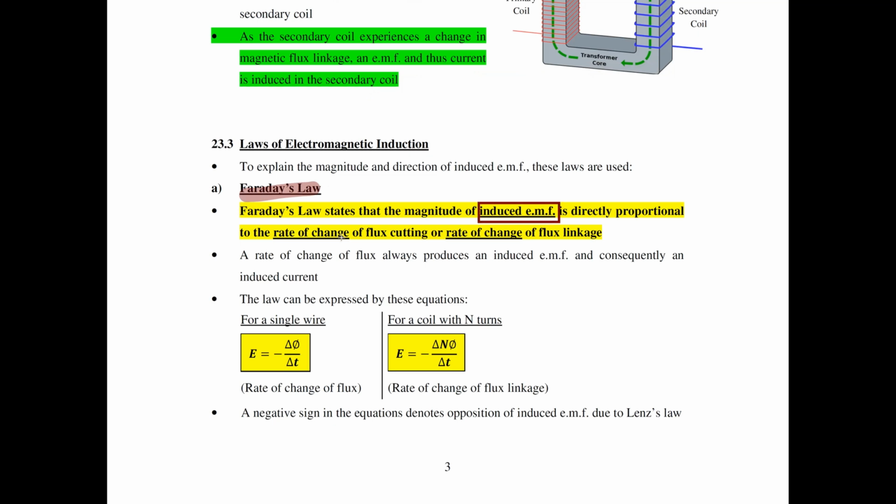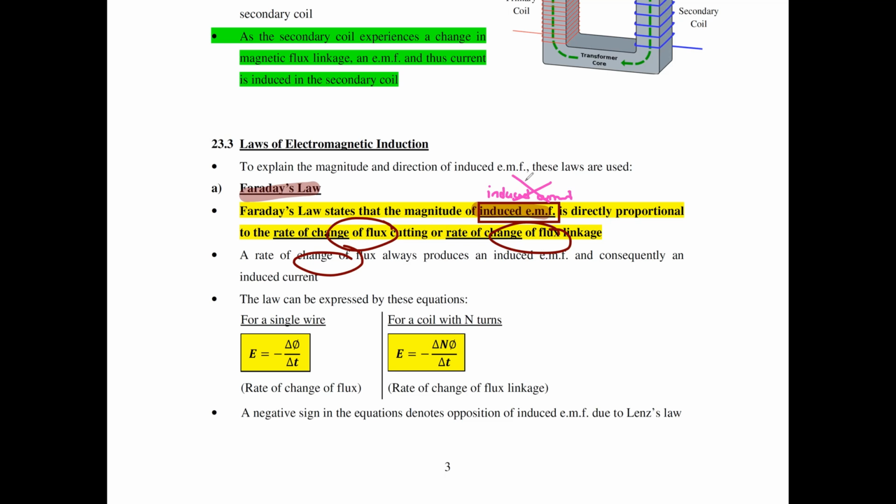Faraday's law really talks about induced EMF only. Induced EMF is proportional to rate of change of flux cutting, rate of change of flux linkage, or rate of change of flux. If for some reason you write the definition of Faraday's law as magnitude of induced current is proportional to rate of change of flux, this would be considered wrong.